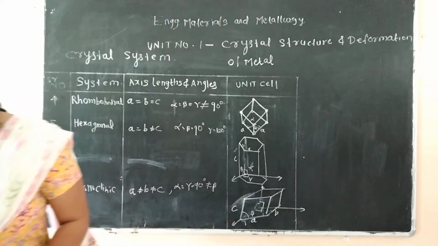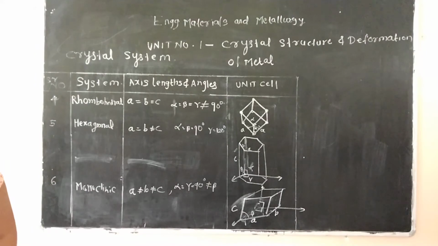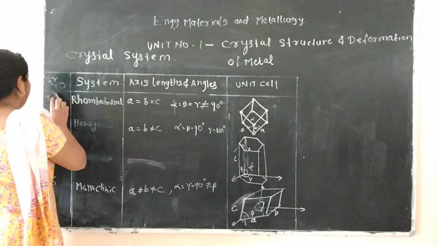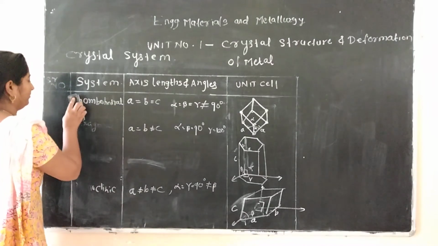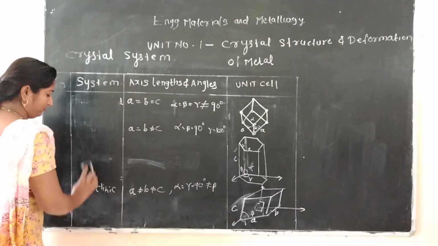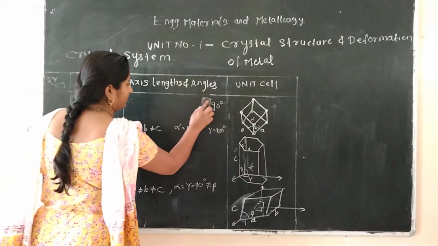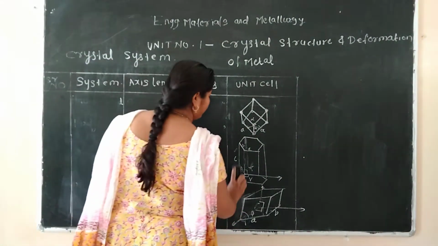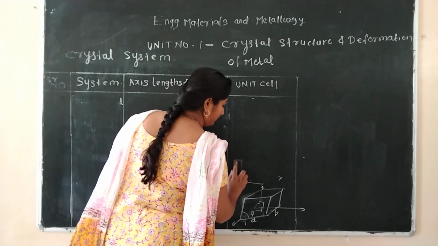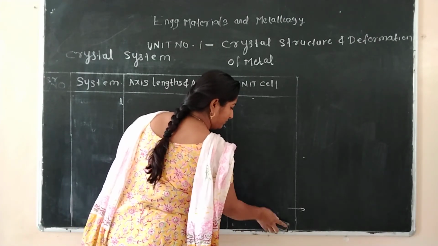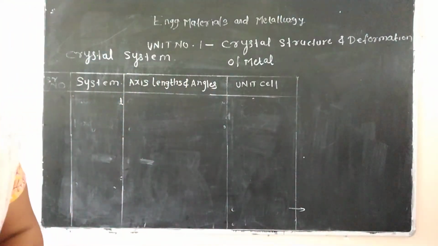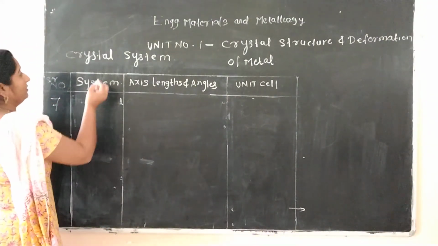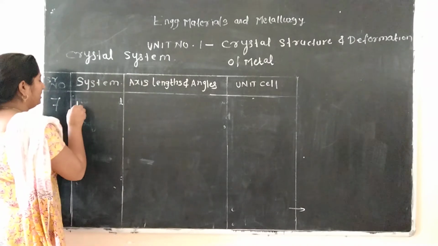Now the last crystal system is triclinic. So we are going to draw it now. The last crystal system type is triclinic.